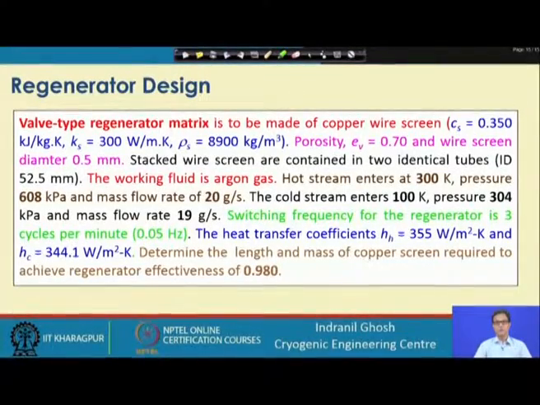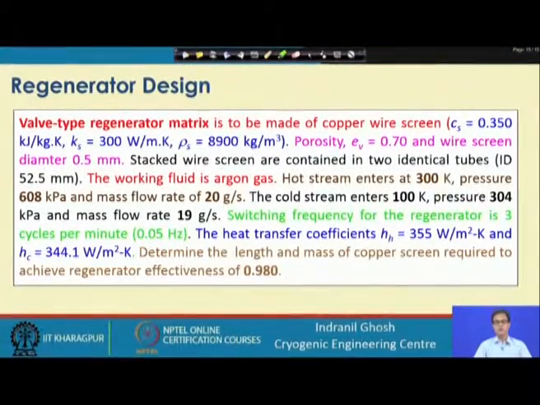The heat transfer coefficient and the pressure drop or friction factors can be obtained from the correlations corresponding to the copper screen. However, for this problem we have already evaluated it, and the hot and cold fluid heat transfer coefficients are given as HH and HC.